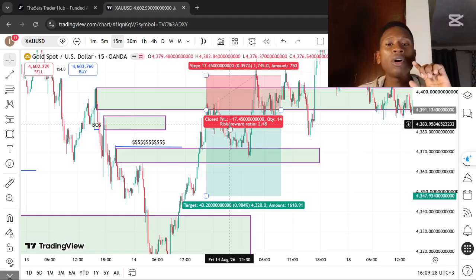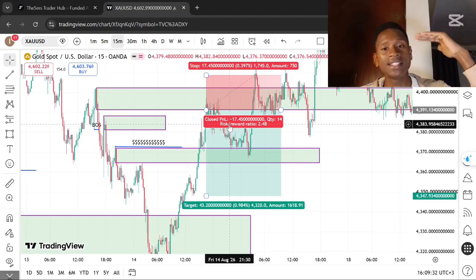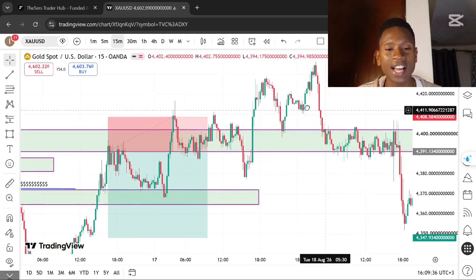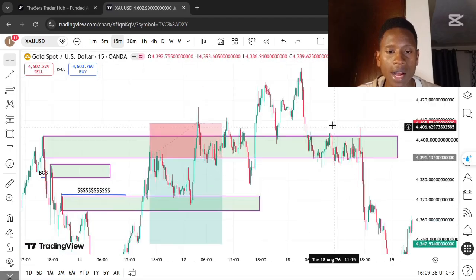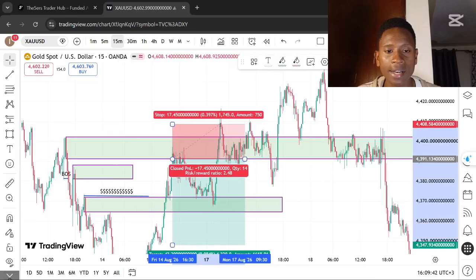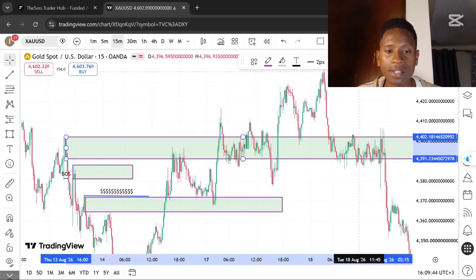If it's an order block that you're anticipating a buy from and it fails, it becomes a resistance for the market. Okay, I'm going to do a video about breaker blocks on another day.